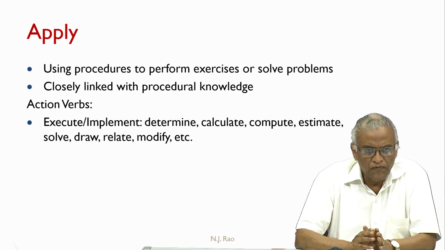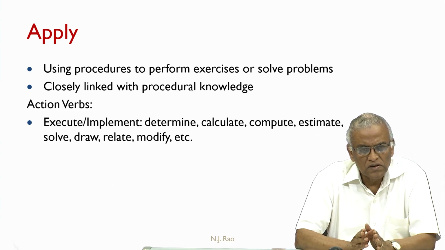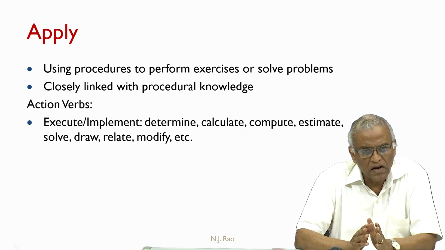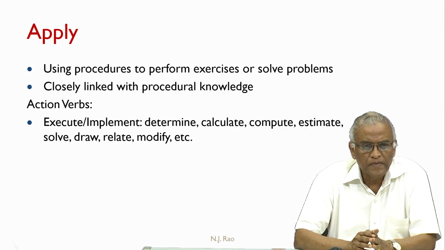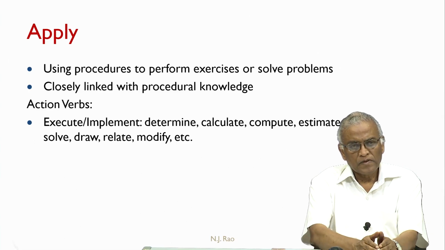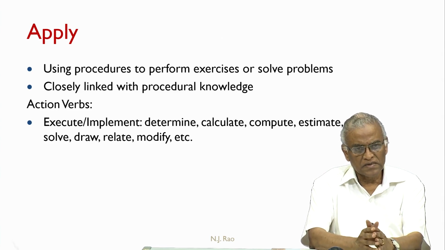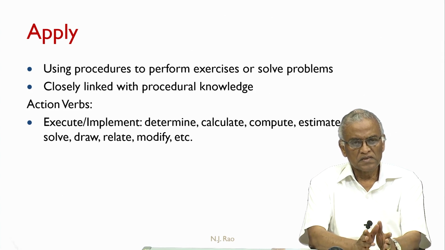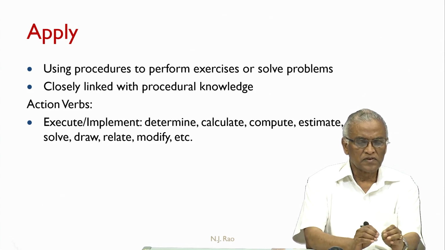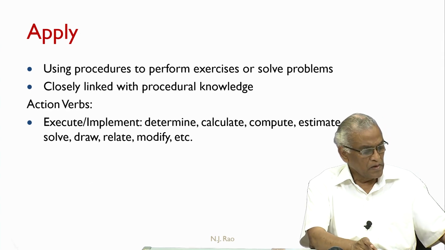So whether it belongs to a particular cognitive level or not should be decided based on the context. As you can see, some action verbs can be common across multiple cognitive levels, and one needs to understand in a given context, rather than say draw is always associated with such and such cognitive level. We cannot make such statements.